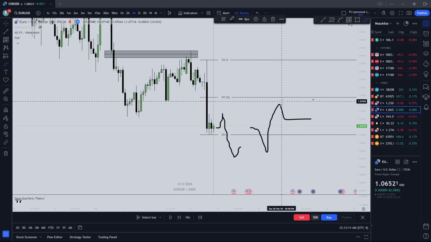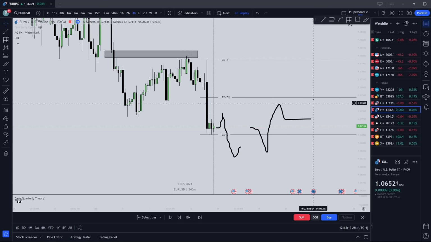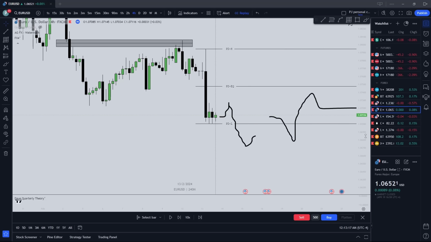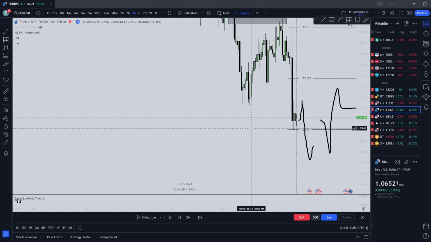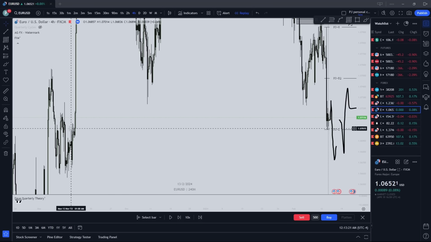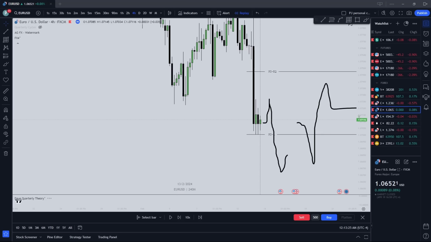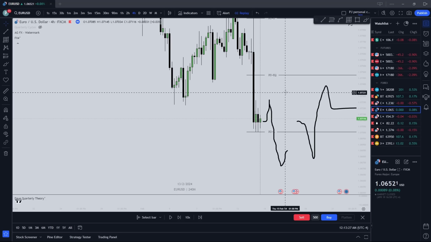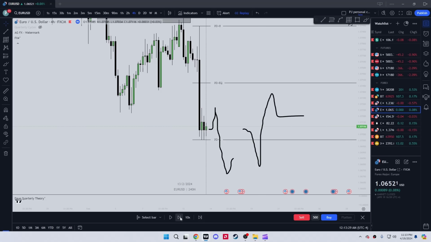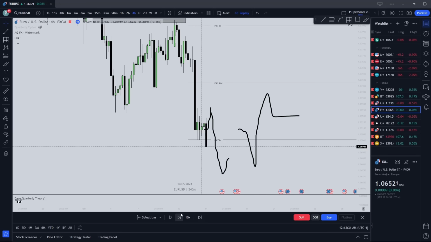And you don't even have to predict it per se. You can just look for one or the other. We have an order block resting below, FVG resting above. We have our range, still in a range. Sweep the range low.